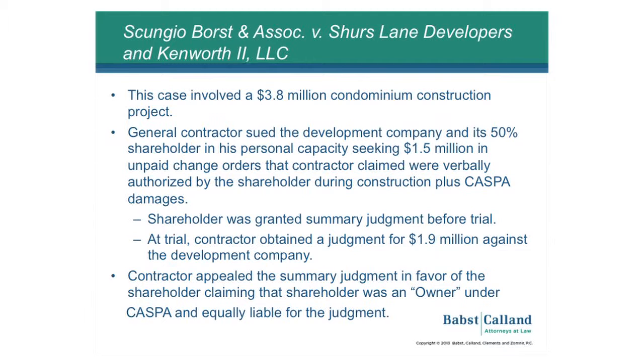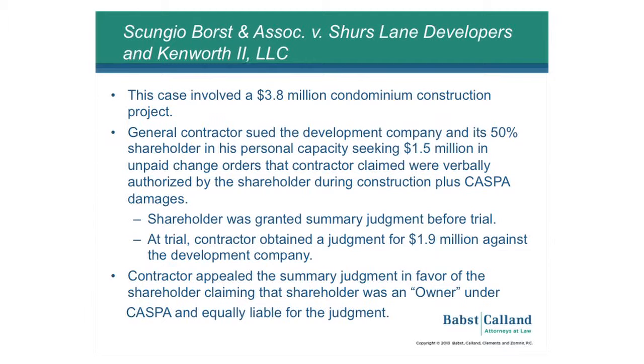The general contractor filed a lawsuit against the development company as well as its 50% shareholder in his personal capacity, seeking $1.5 million in unpaid change orders as well as CASPA damages. At the trial court level, the shareholder filed a motion for summary judgment, which was granted, essentially dismissing the shareholder from the case.